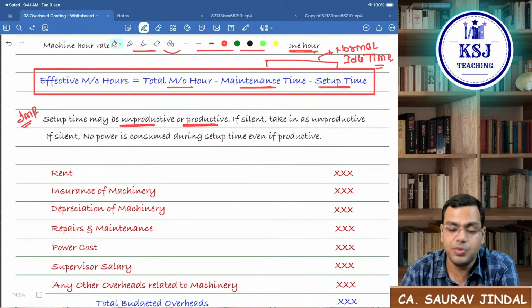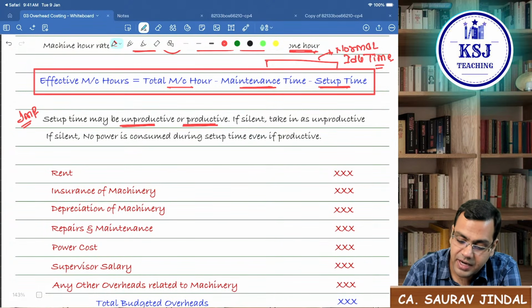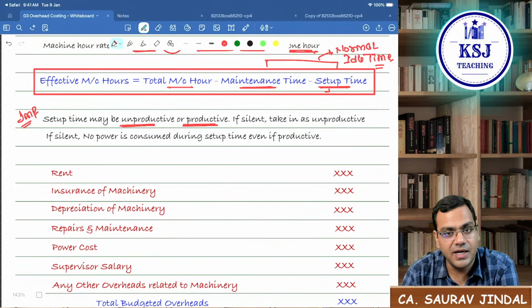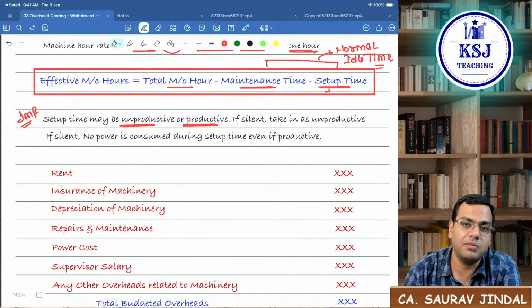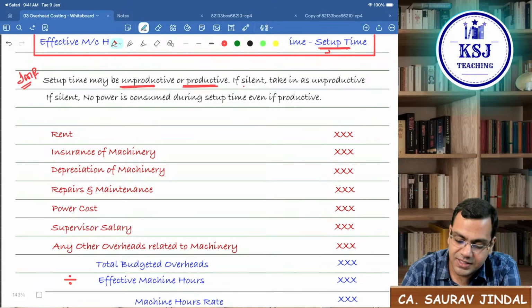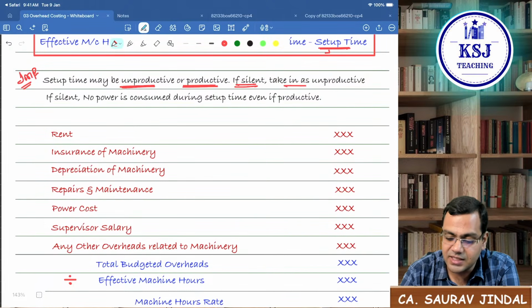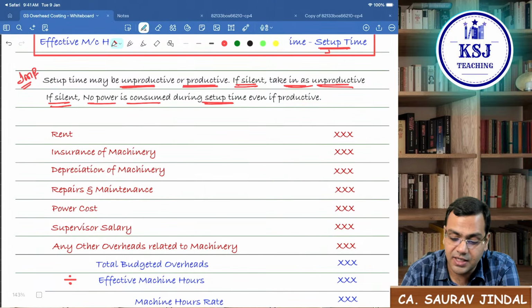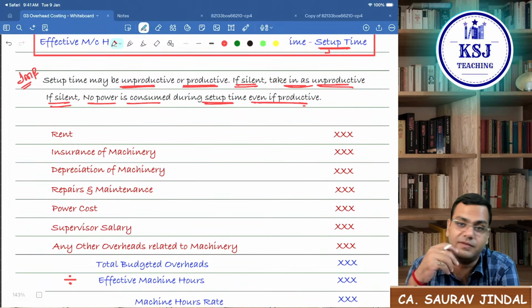And if it is productive, then we will not subtract it from here. Then it will be total machine hours minus maintenance time. Then the setup time will not be subtracted. Right? Now, if the question is silent, always take it as unproductive. If silent, no power is consumed during the setup time, even if productive.